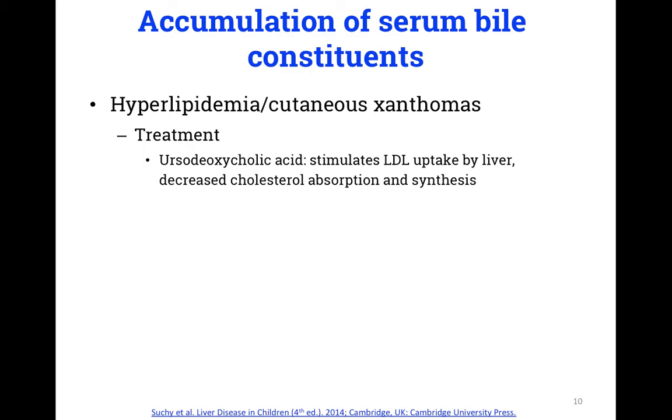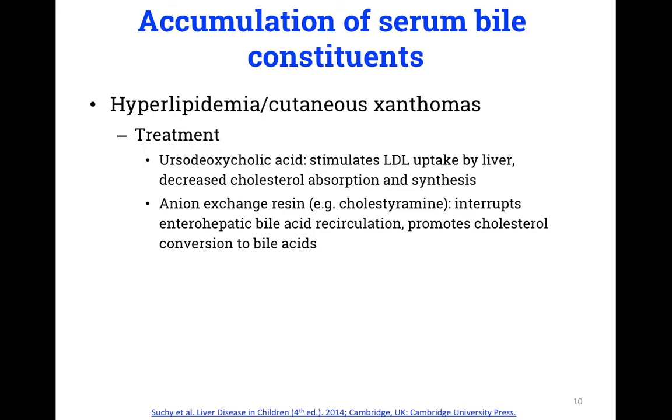However, there are other mechanisms by which it's thought to help, and one is that it has been shown to directly stimulate LDL, or low-density lipoprotein uptake within the liver, and decrease activity of the rate-limiting enzyme in cholesterol synthesis in the liver. And finally, it's also thought to indirectly result in a reduction in cholesterol absorption from the intestine.